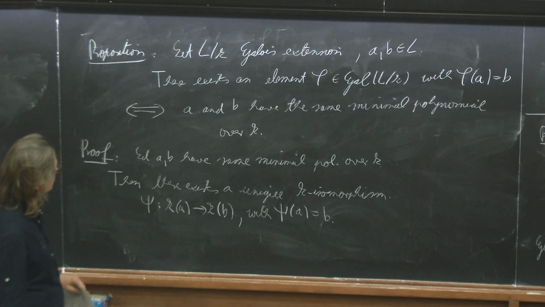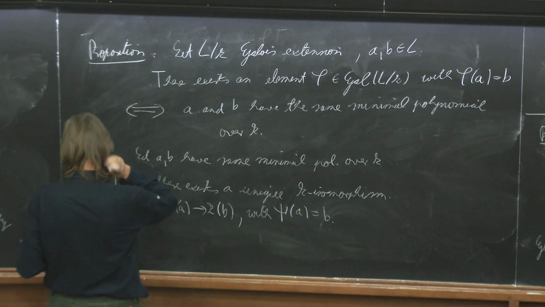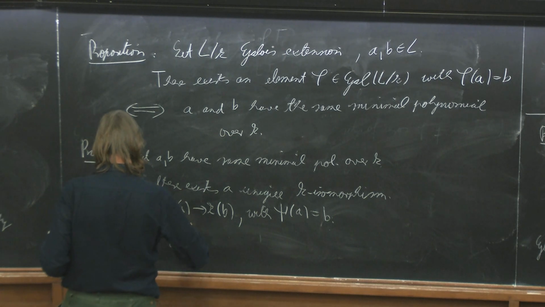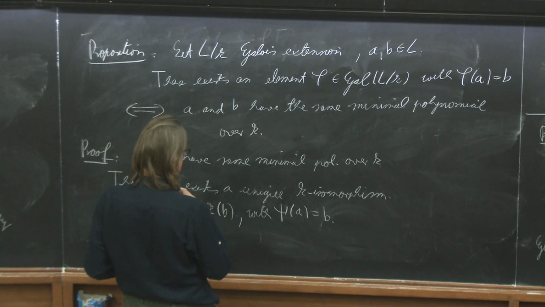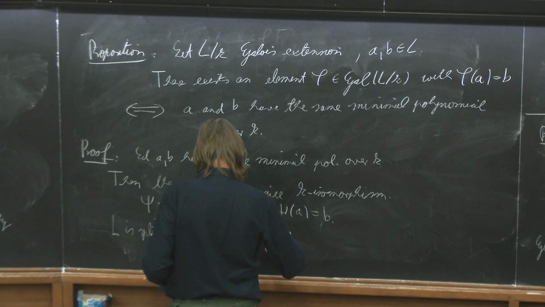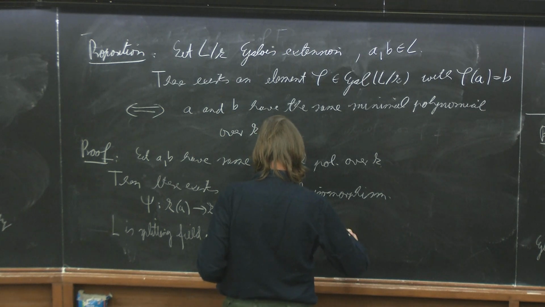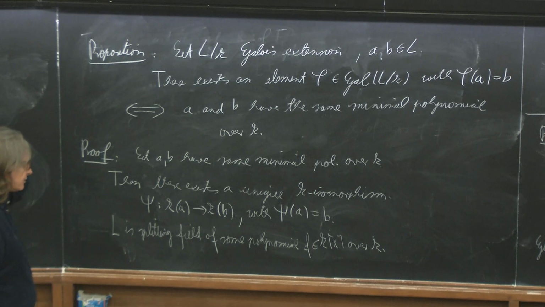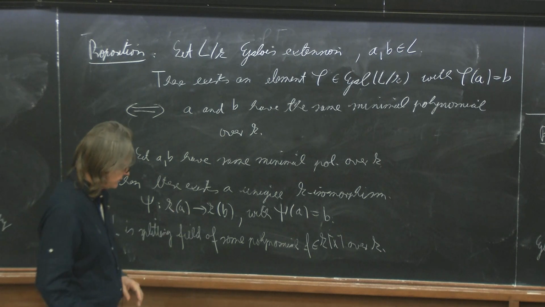So L over K is a Galois extension, so L is a splitting field of some polynomial f in K[x] over K. But if it's the splitting field of f over K, it's also a splitting field over any intermediate field.